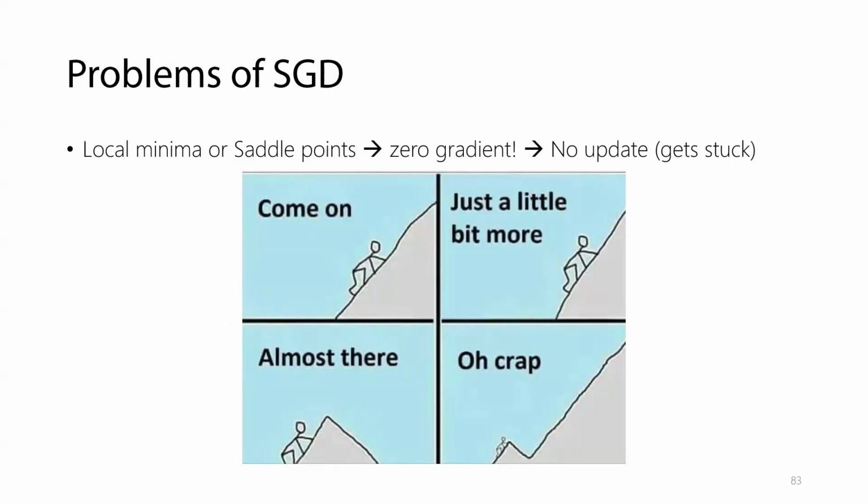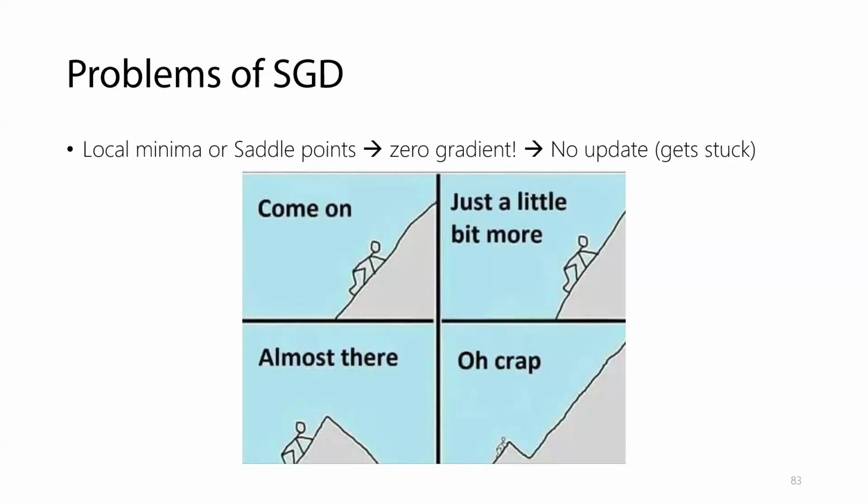Another problem with gradient descent is local minima. Remember, the analogy that I used for gradient descent was that you're an extremely nearsighted person. Your eyesight is terrible, so you only see your periphery, and you're trying to get up the mountain. And then you may end up having this kind of situation.